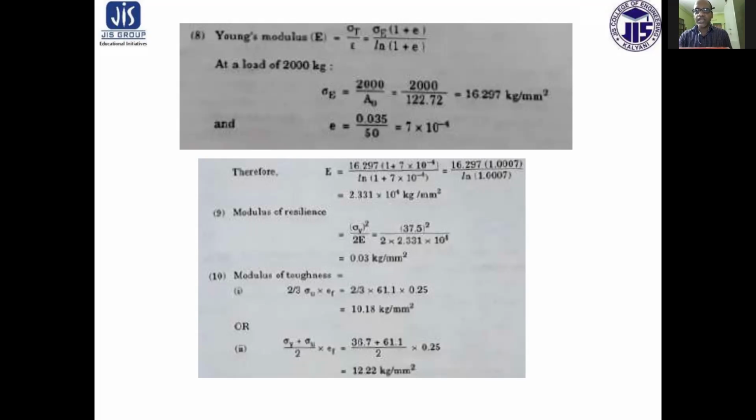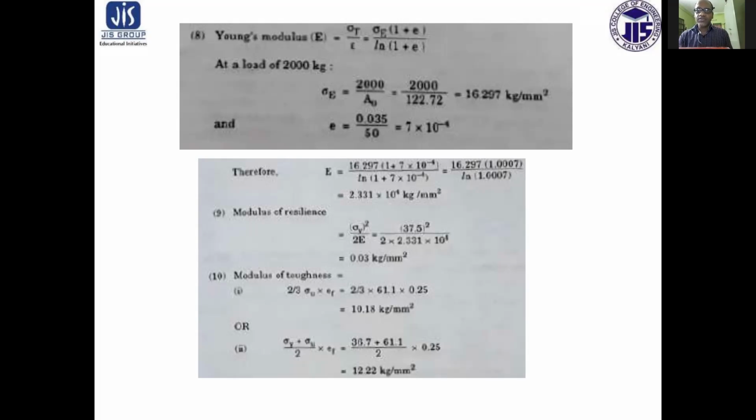So we can calculate the engineering strain as 0.035 divided by 50, which is equal to 7 into 10 to the power minus 4. Therefore, now we can calculate Young modulus E by replacing sigma E and the value of epsilon E in the above equation. So we get Young modulus equal to 2.331 into 10 to the power 4 kg per millimeter square.